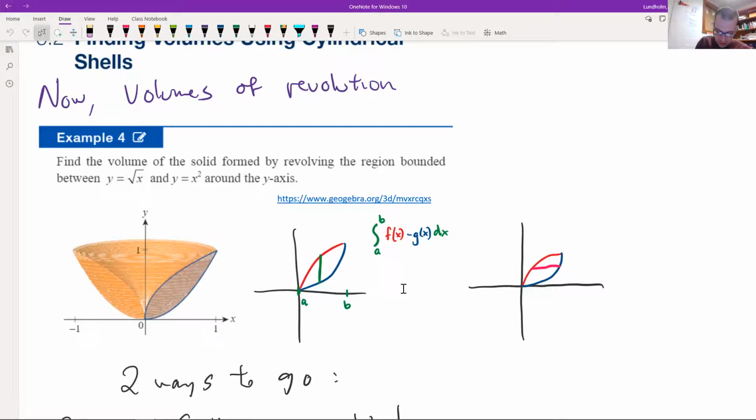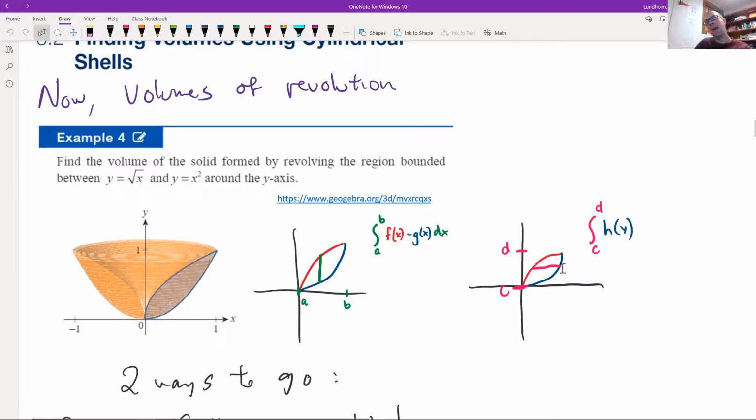If we labeled this as y equals c, and this one as y equals d, we would be using the integral from c to d of some function of y, let's label it h of y.